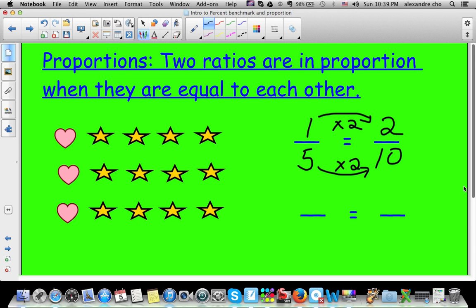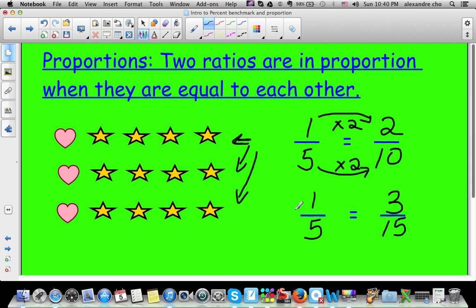Okay. Now let's do it again. Our initial ratio was 1:5, and thinking of this as a new set of items, we have 3 hearts and 15 items. Okay, so let me rephrase: from these items to all these items, did it grow in proportion?